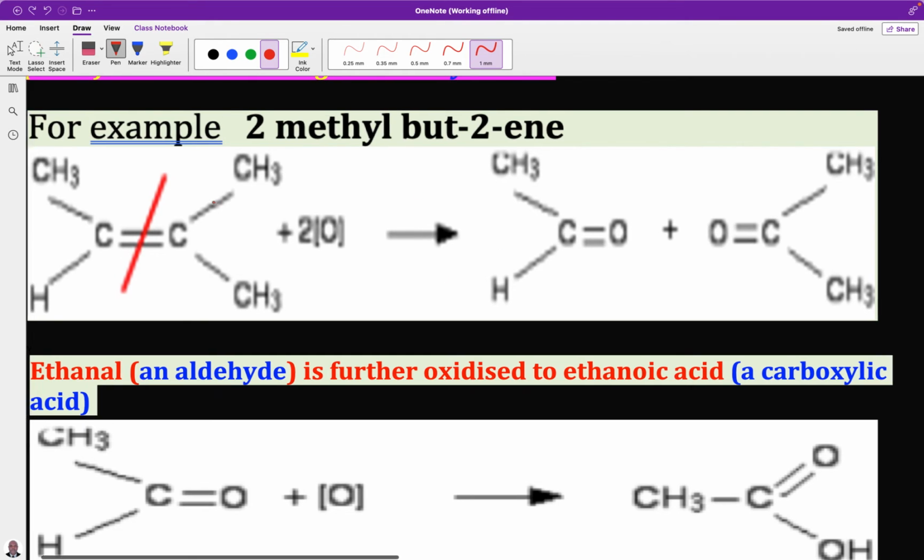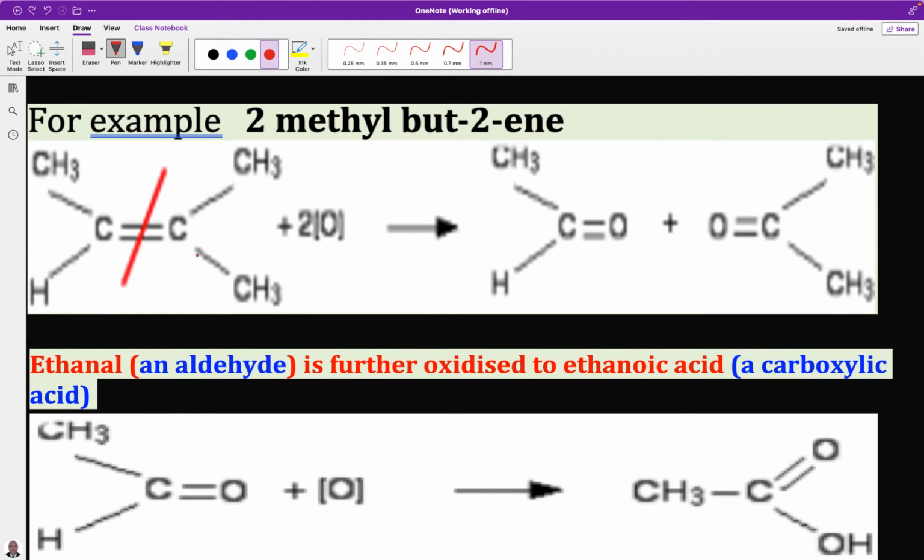Once more, under this harsh condition, the bond will break. Oxygen from the oxidizing agent is provided. Two molecules are produced: there is ethanal and there is propanone.